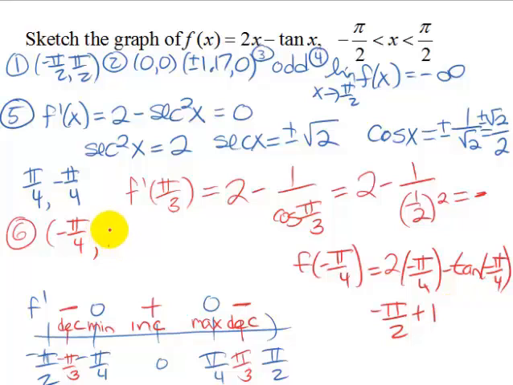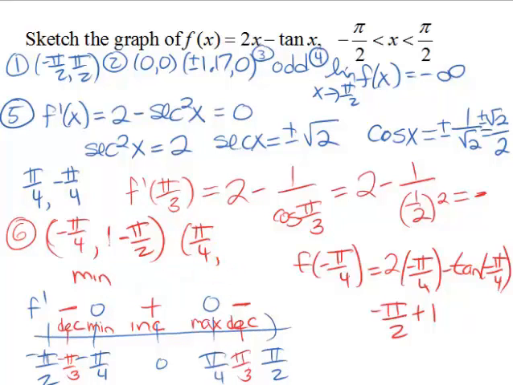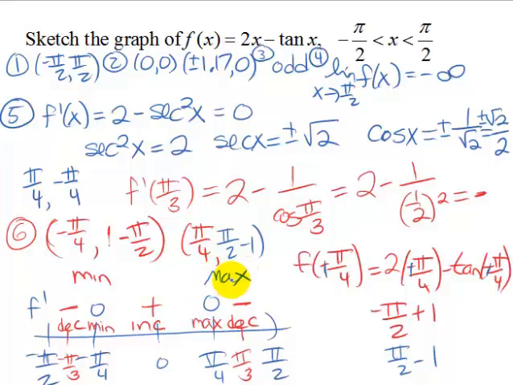So at 1 minus pi over 2, this one was our minimum, and we're going to have a maximum at pi over 4. Let's go ahead and just change this. If this was a plus pi over 4, this would be a plus, this would be a plus, this would be minus 1, so we'd have pi over 2 minus 1. So at pi over 2 minus 1, we have a maximum.